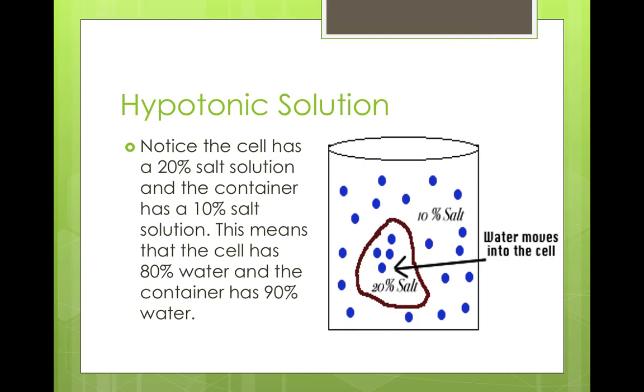Basically all I did here is just switch the numbers around. So now we have 20% salt inside the cell. Well, that would be 80% water. And we have 10% salt outside the cell. Well, that's 90% water. It still moves from high to low concentration, from 90% on the outside into the cell to where it's only 80% water.